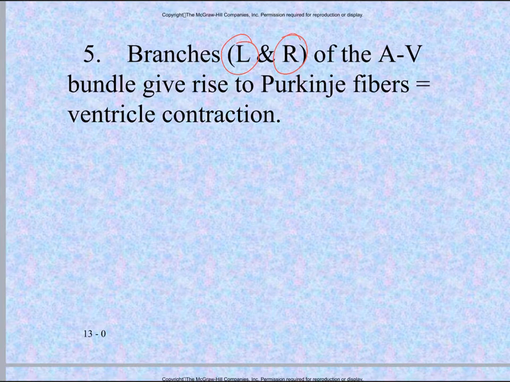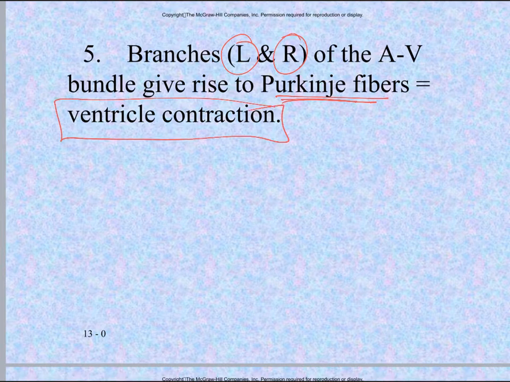And then finally, at the end, those branch out on both the right and left side, forming Purkinje fibers, and those are the fibers that transmit that electrical impulse to the cardiomyocytes so that we can have a very synchronized ventricular contraction. Atria first, ventricle second, in that order.